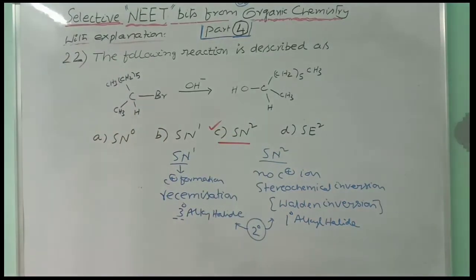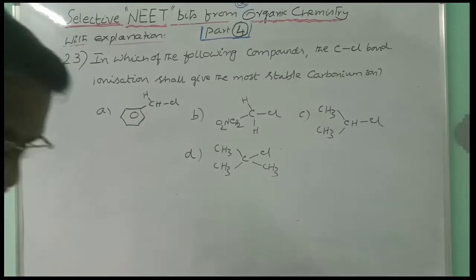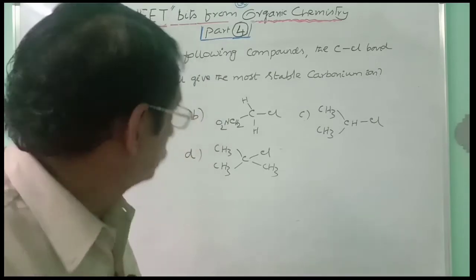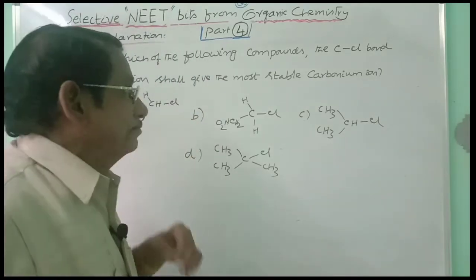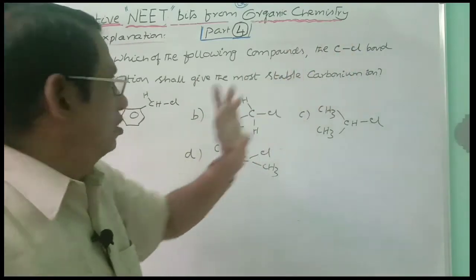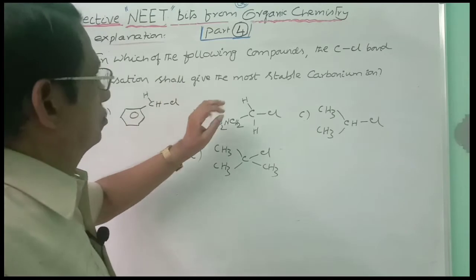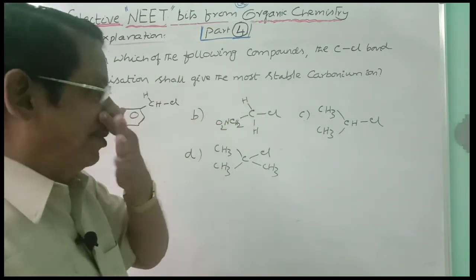Okay. Next one. 23. In which of the following compounds will C-Cl bond ionization give the most stable carbocation?